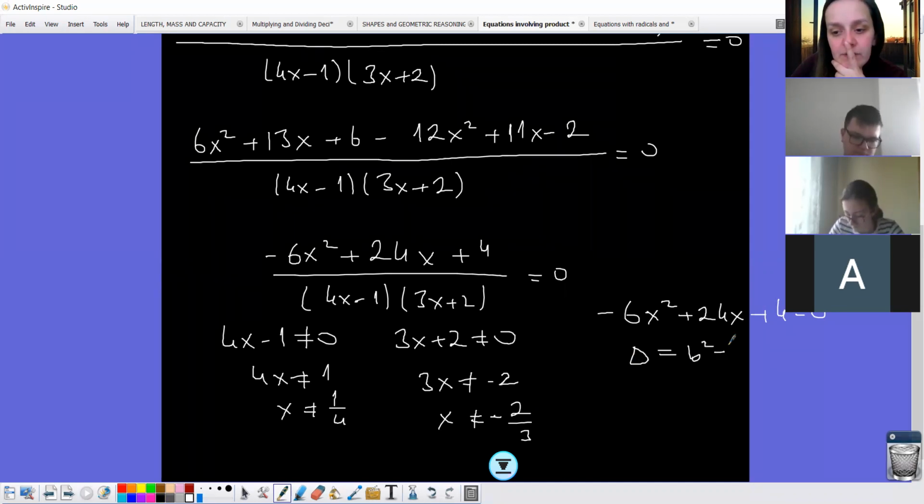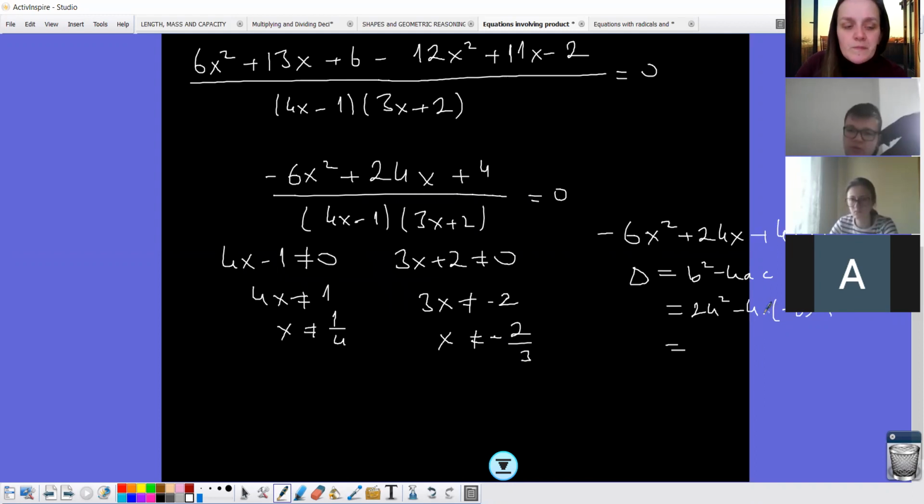We have b squared minus 4ac, which is 24 squared minus 4 times minus 6 times 4. Then 24 squared, do we know 24 squared? Or someone who can help us? 24 squared, it will be 576, teacher.